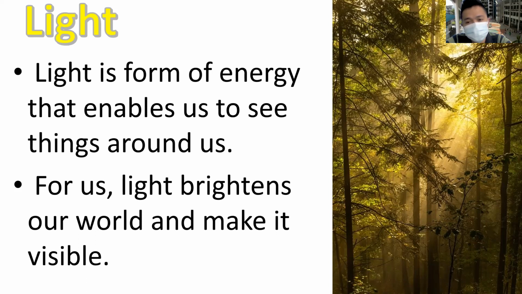You can appreciate the beauty of the world if you go to the mountain, or to the top of the building and look around you. You can say, wow, this place is so beautiful. Why? That place is beautiful because of the presence of light. So light is very important to the people and to living organisms.